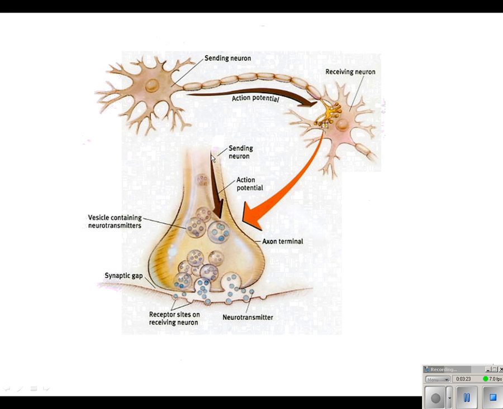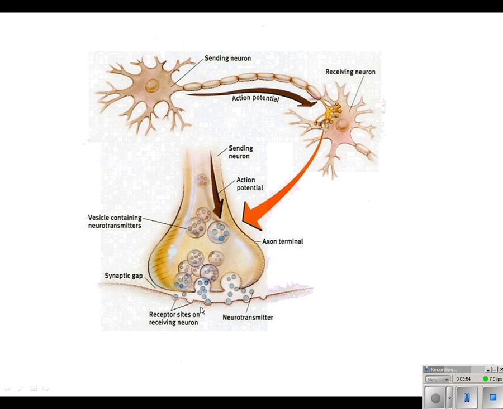So as the neuron is getting this message and it's being passed, the vesicles containing these neurotransmitters are going to cross the synaptic gap, which is the space from the axon terminal, and they're going to be received by the dendrites on the next neuron by receptors. Now remember, we're talking about receptors, and they're going to, in a sense, fit together. So they're identified. So certain neurotransmitters fit into certain receptors.